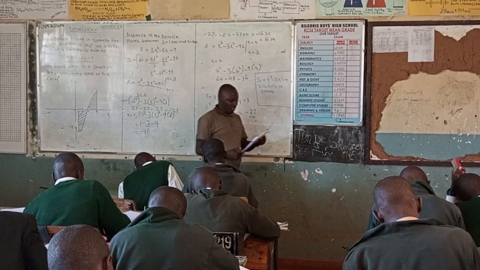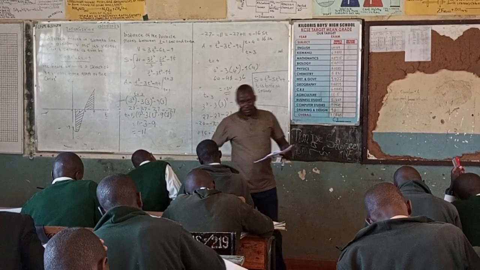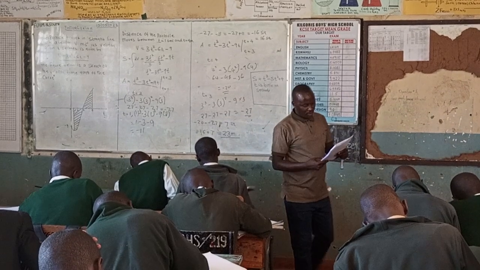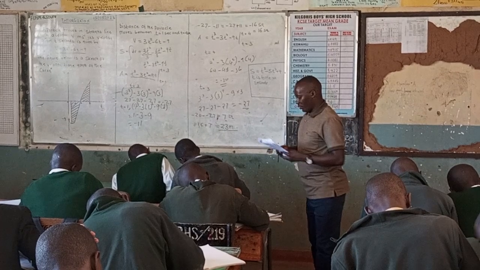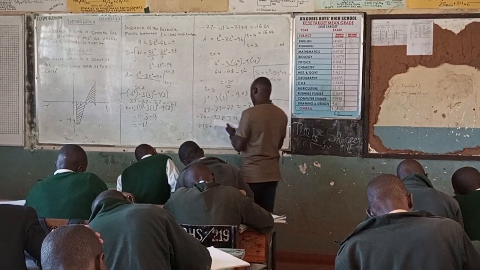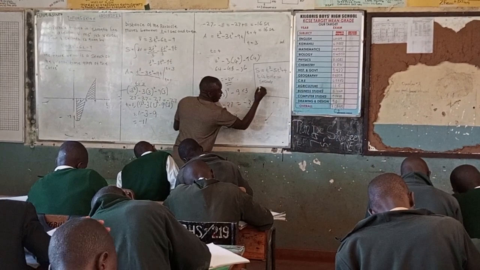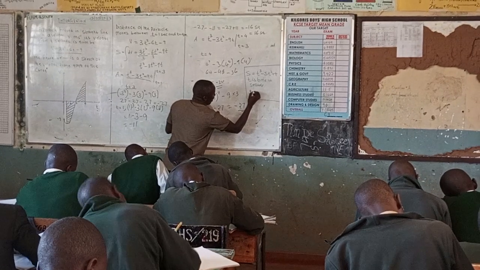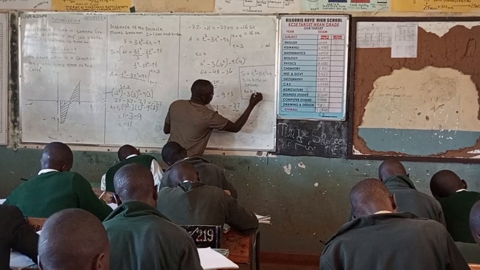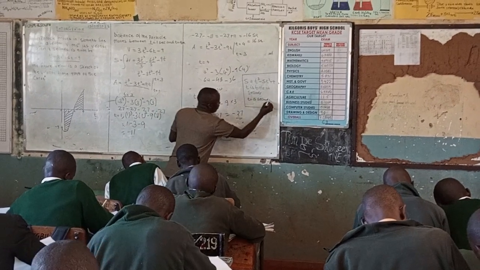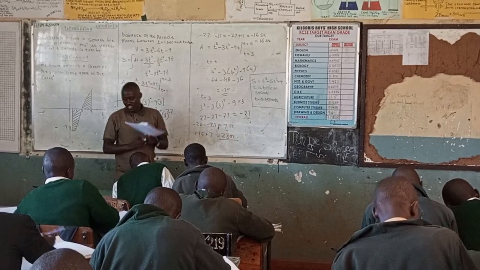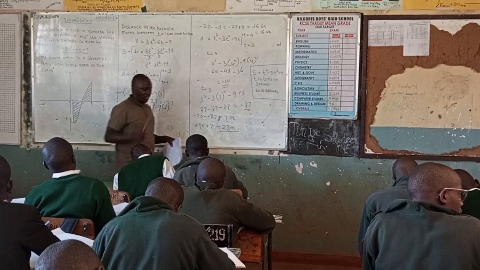Find the displacement of the particle at t equals 5 seconds.